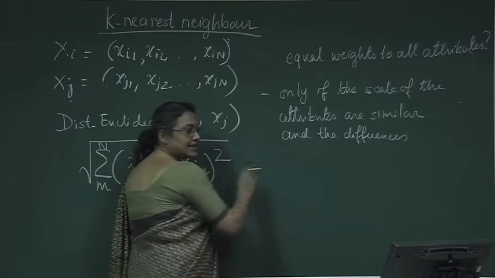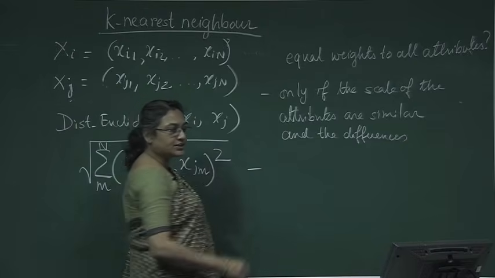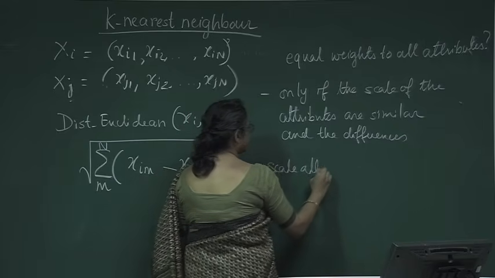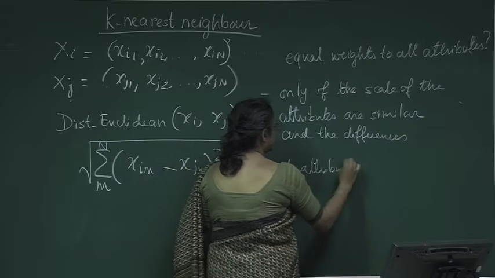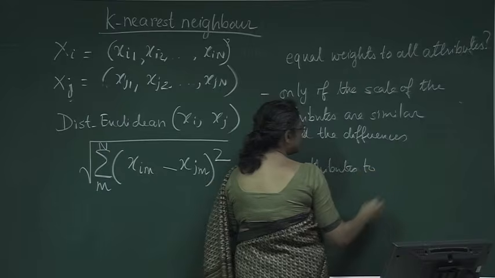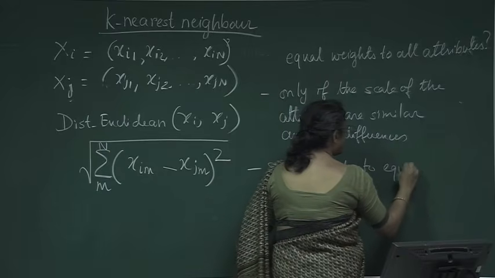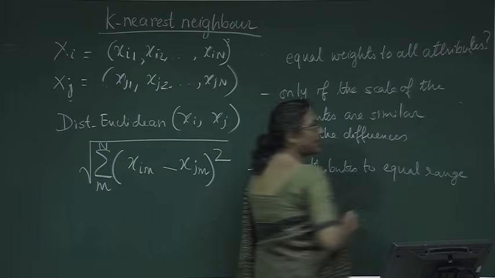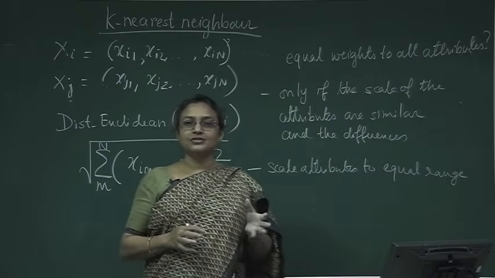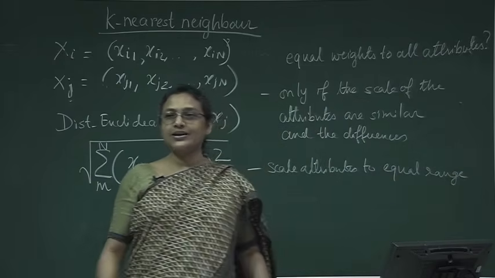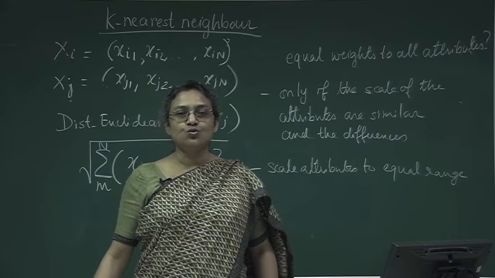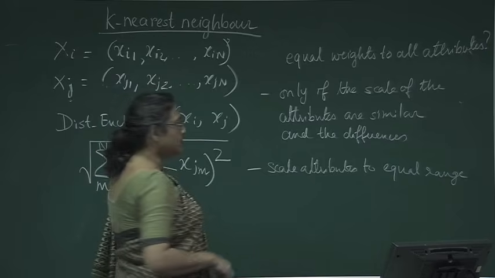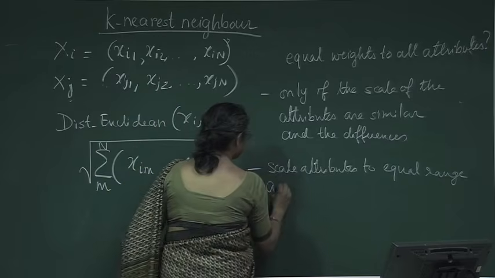Secondly, you make the assumption that you scale attributes so that they have equal range. If one of the attributes has values from 0 to 1000, and another has values from 0 to 1, then their ranges are not the same. So, their ranges should be similar and the variance should be similar.